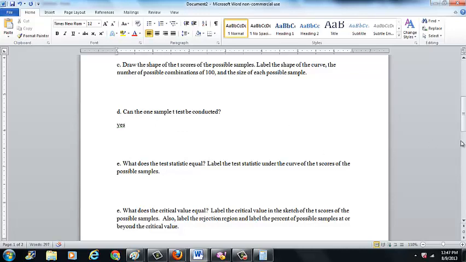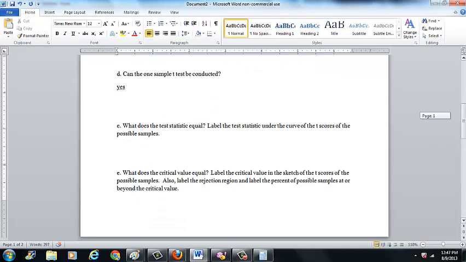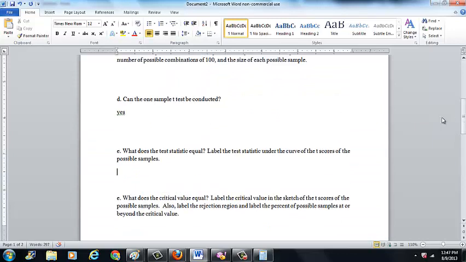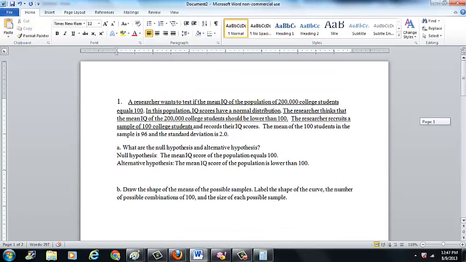It says, what is the test statistic equal? You'll use the same formula that you did in the other question. What numbers do we have this time? We have the mean of the sample is 96 with a standard deviation of 2.